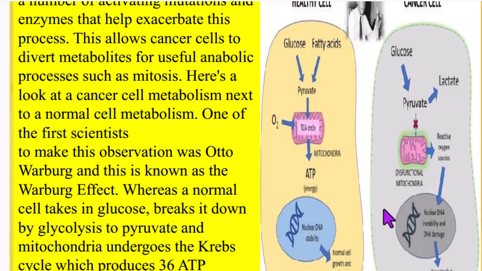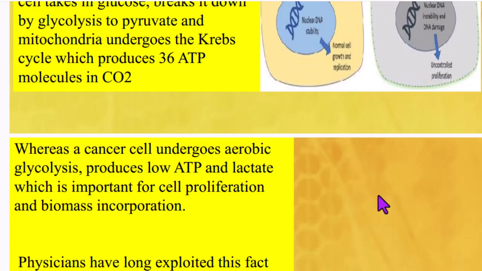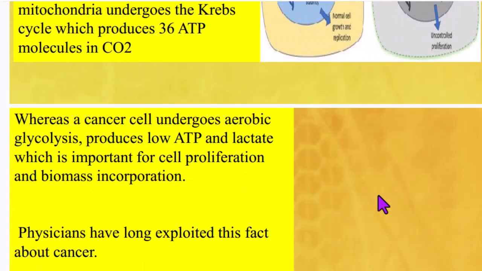This is known as the Warburg effect, where a normal cell takes in glucose, breaks it down by glycolysis to pyruvate, and the mitochondria undergo the Krebs cycle, which produces 36 ATP molecules and CO2, whereas cancer cells undergo aerobic glycolysis, producing low ATP and lactate, which is important for cell proliferation and biomass incorporation.